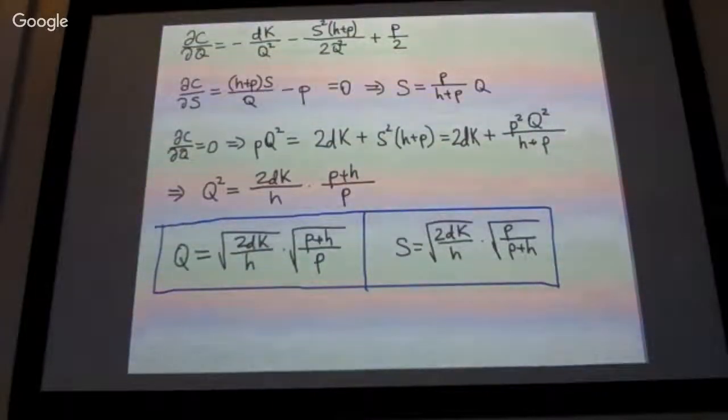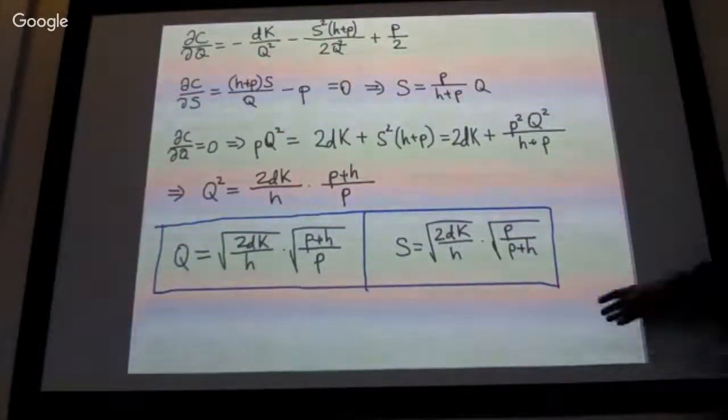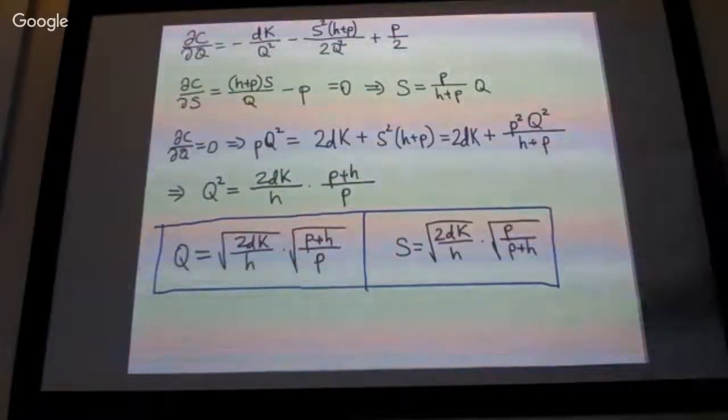Feel free to verify that on your own. Just differentiate. Well, maybe it's a saddle point. No, that's the minimum. You could have the negatives and then you get maxima.